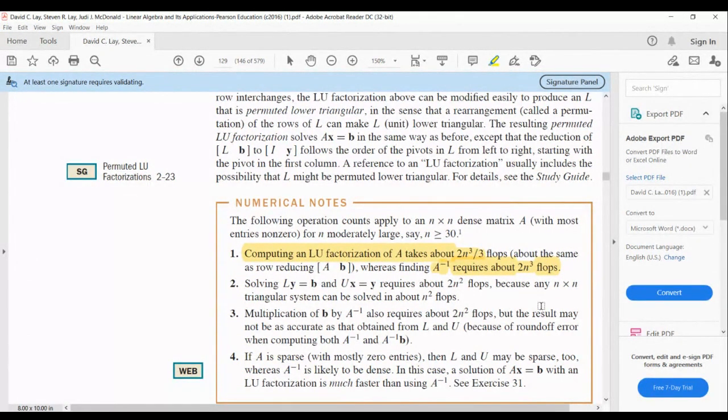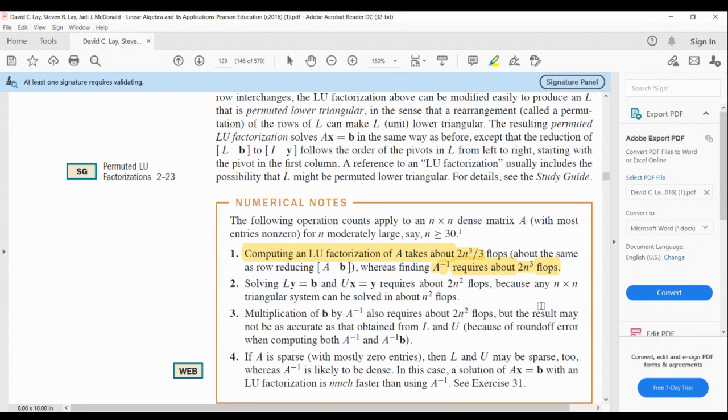So for instance, if your matrix is a 4 by 4 matrix, finding the inverse would take 2 times 4 cubed. It should be 128 flops, right? 2 times 4 cubed, that's 128 flops.